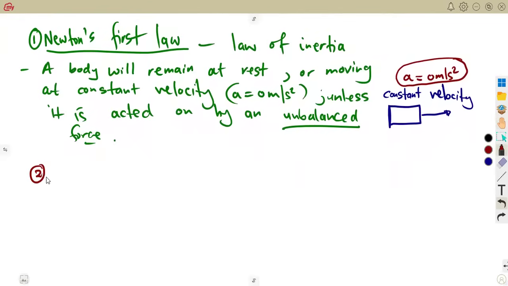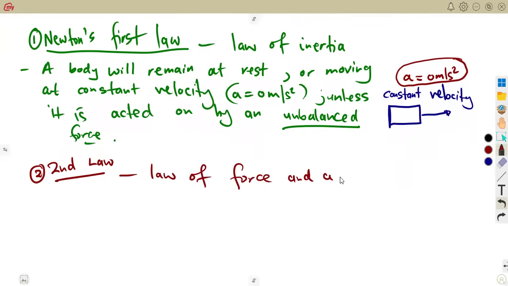Then we're going to consider the second law, which is the law of force and acceleration. This one gives us the relationship between the force and the acceleration. So that's the law of what?